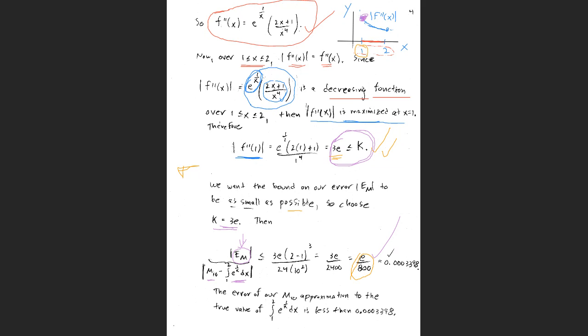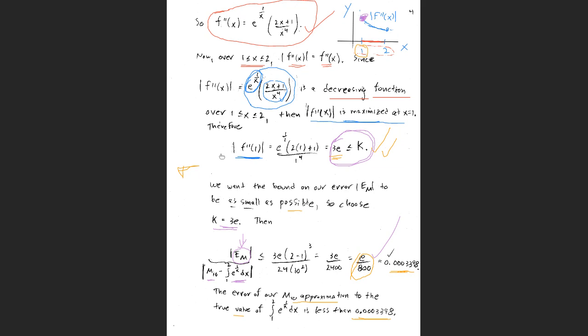which as a decimal is 0.0003398. And therefore, the error of our midpoint rule approximation based on 10 subintervals, the error of our approximation to the true value, is less than 0.0003398.